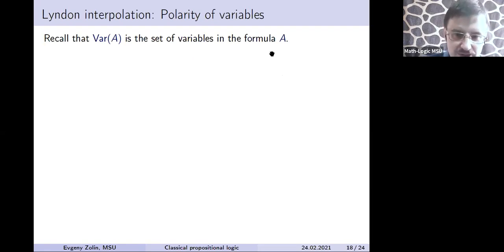In every formula, we have some variables, but some of them are positive and some are negative in some sense. Previously we denoted by var A the set of all variables, but now we will have some variables positive and some variables negative.